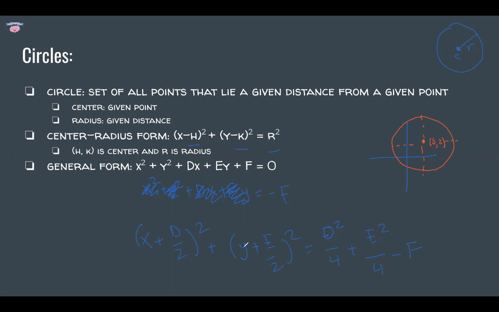And this is center radius form. In this case, the center is negative d over 2, comma, negative e over 2. And the radius r is equal to the square root of this thing, d squared over 4 plus e squared over 4 minus f. Sorry if that's hard to see, but the radius is just the square root of this. Easy.